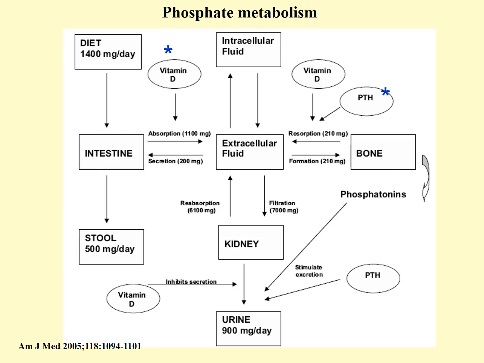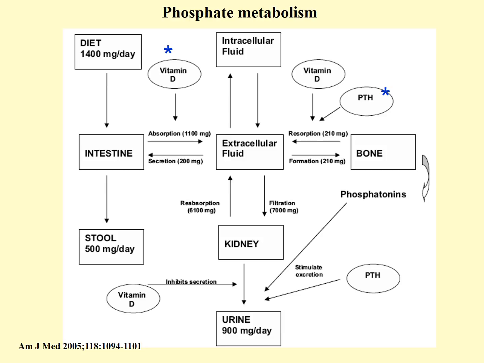plays an important role in the absorption of phosphate from the diet at the intestinal level into the extracellular fluid. And parathyroid hormone plays an important role in modulating the flux of phosphate in and out of bone.